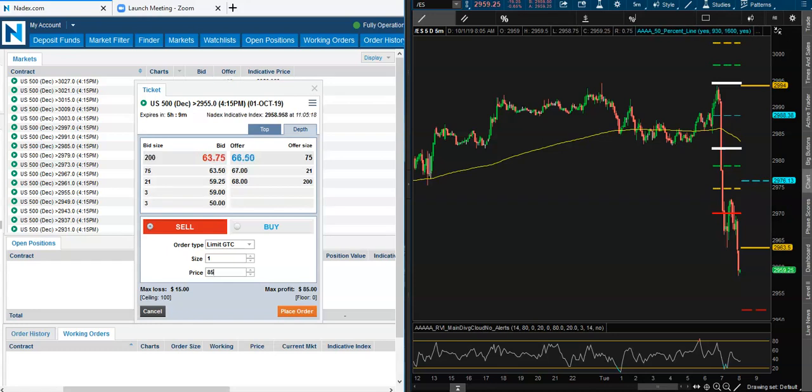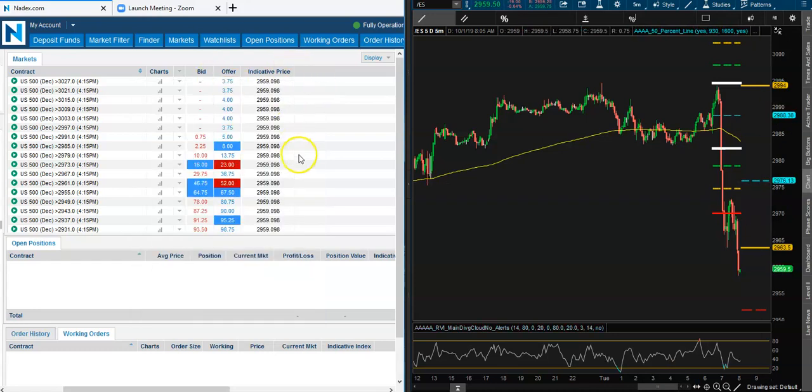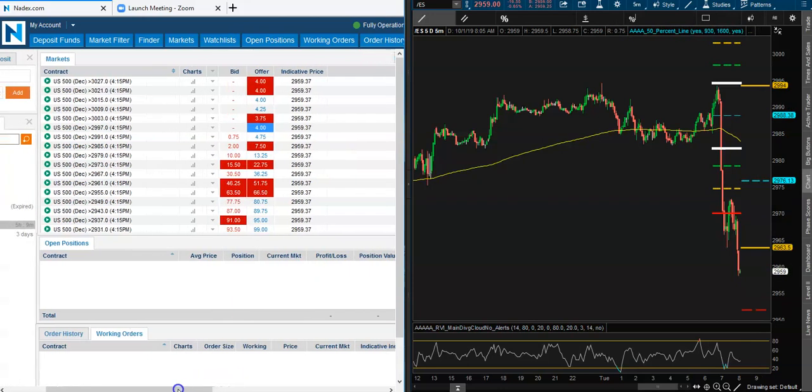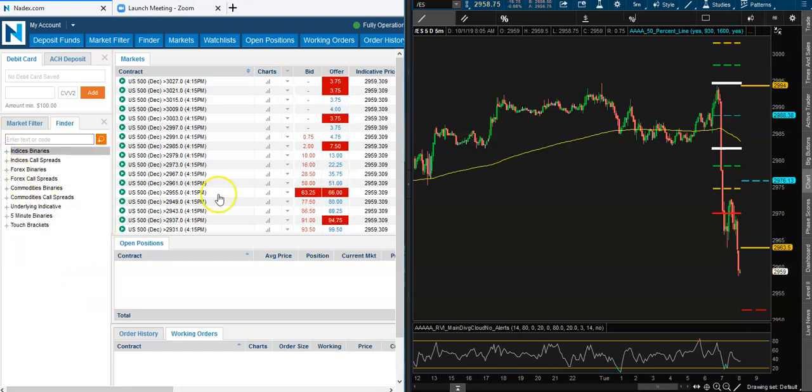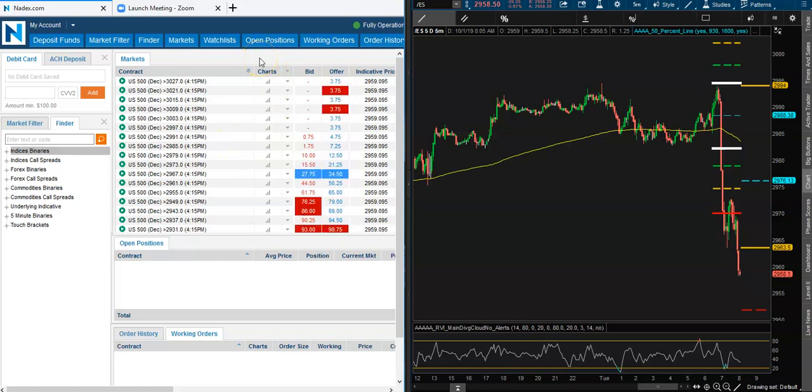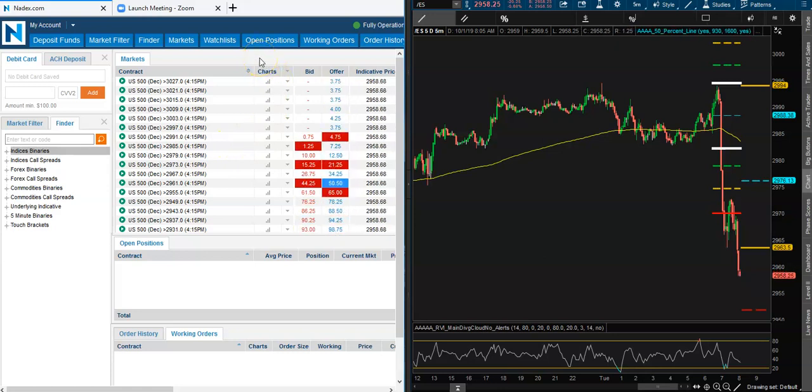Okay. Any more questions on the binary side? No, it's way clear. I'm going to rewatch again. The way I was trading with this Fibonacci was I was using the 1 minute chart. I was taking trades, the strike on the line.